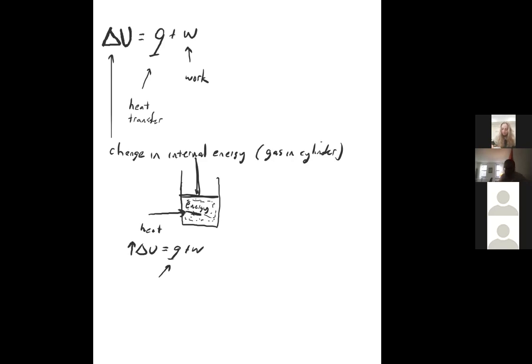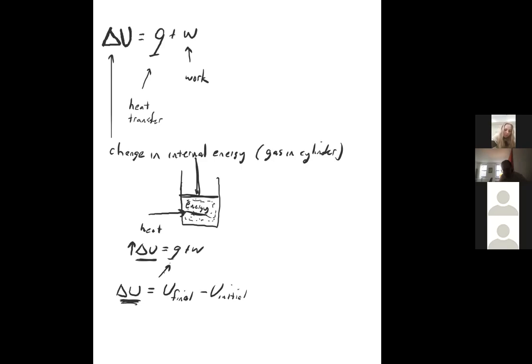It'll have more energy after you put the heat in than it had before. So there's a change in how much energy it has. The change in internal energy, delta U, is equal to the final amount of internal energy it has minus the initial. So let's say it has 50 units of energy, but then you put some heat in, another 10 units. Now it would have 50 plus 10, it would have 60 units. So the change would be 10 units. That's how much it went up by. So this is how much it goes up by or goes down by.